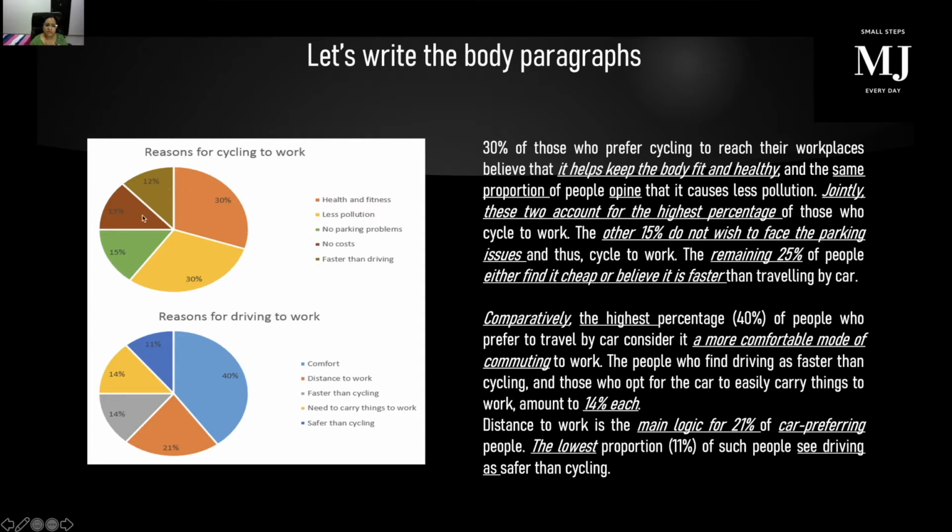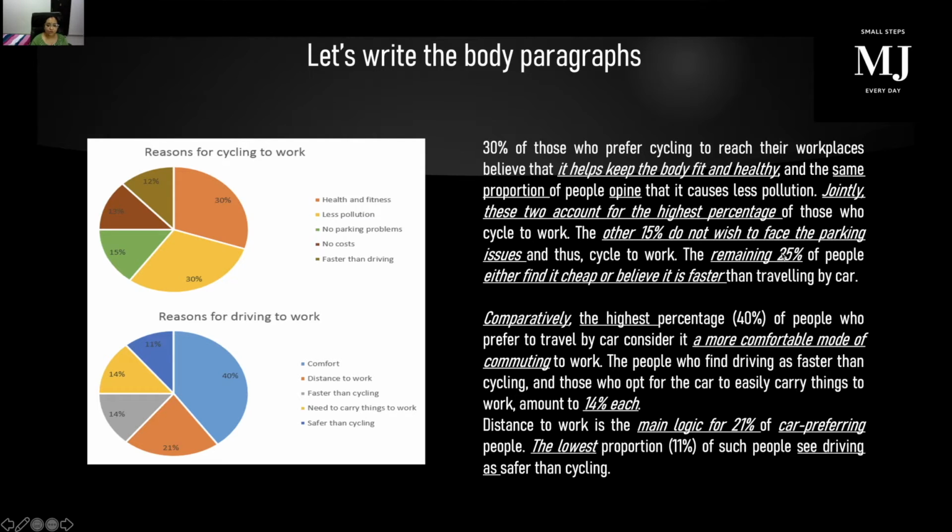If you have such details in your pie charts, even in your bar graphs or line graphs, please understand you can combine them. Okay? So the remaining 25% of people, either is a word which is telling you that you're actually talking about two sets of people.